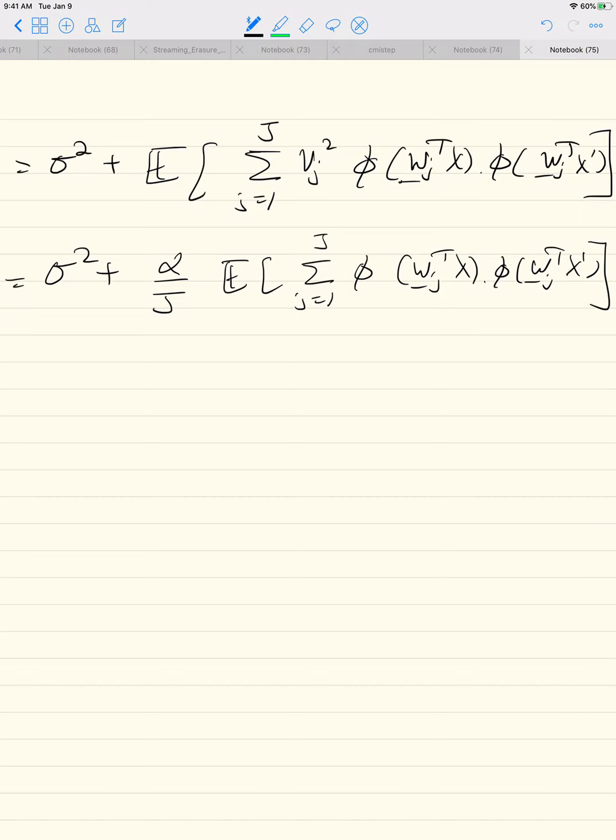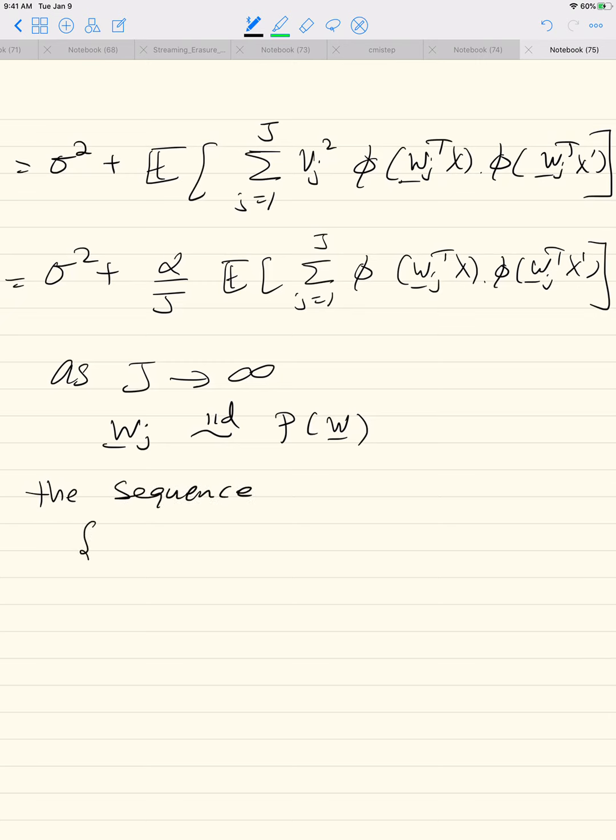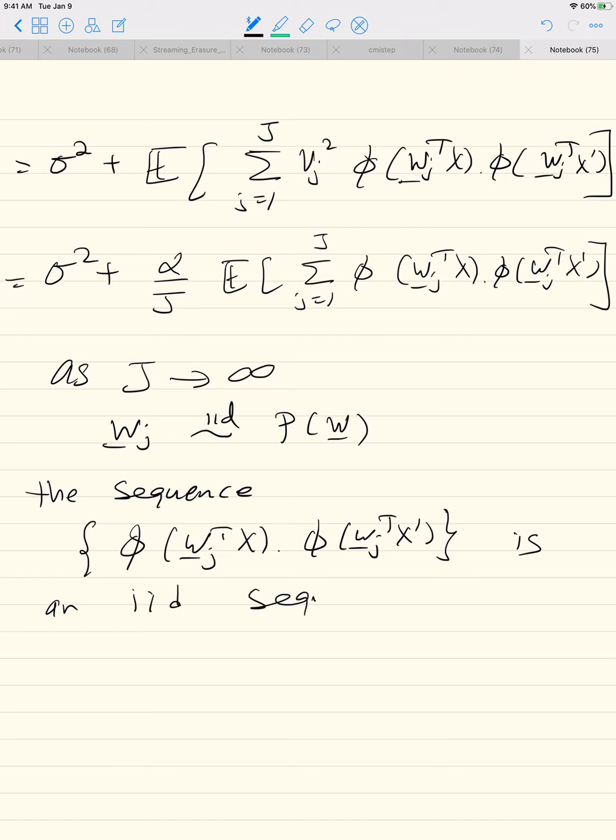Now the key observation is that as J becomes large, and because the Wj's are chosen IID according to Pw, the sequence phi of Wj transpose x, phi of Wj transpose x prime is an IID sequence.